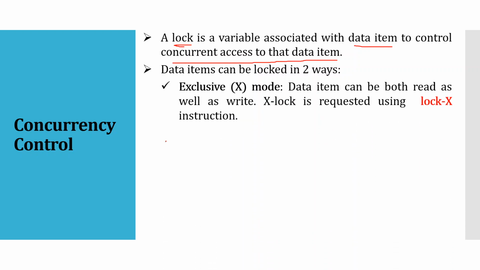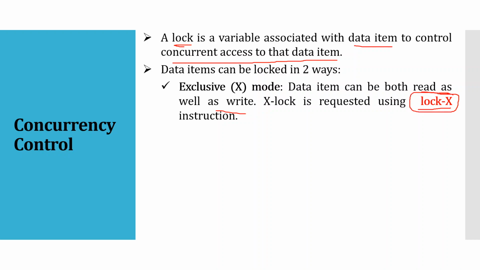The first one is exclusive lock. That means the data item can be read as well as written. So you have complete rights on your data items. So if you have an exclusive lock, then you can either read the data or you can write the data, you can change the data, and it is symbolized by lock X. Remember this, students.